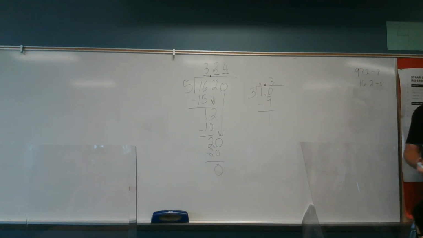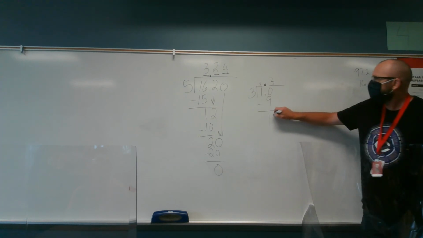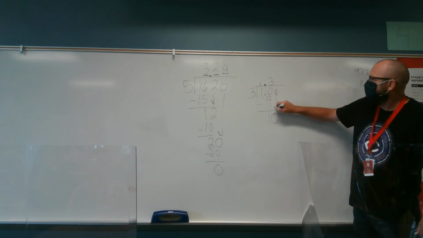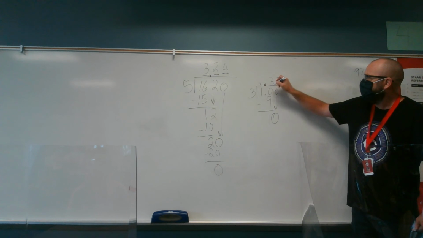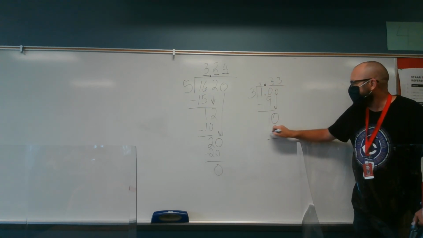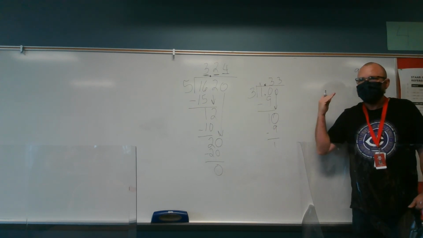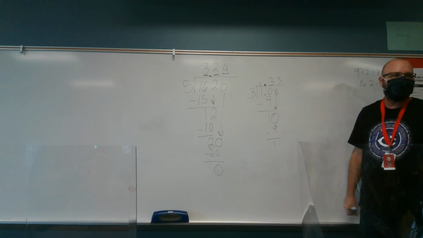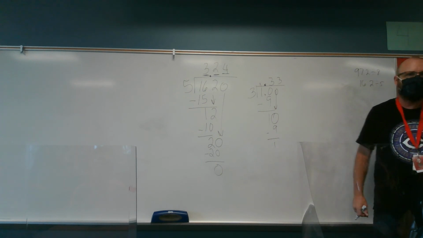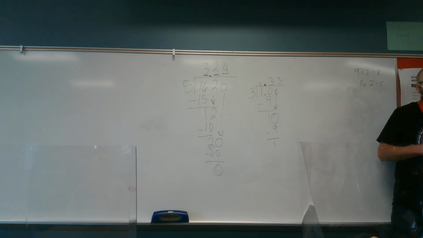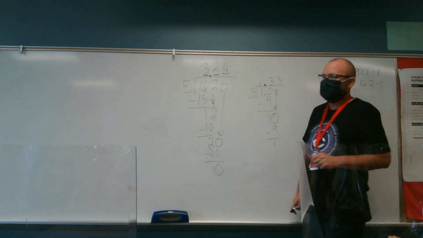Well, I already said you can't have a remainder, so I can always add a 0. So I add my 0 there, bring it down, 3 goes into 10 3 times, 3 times 3 is 9, subtract, I get a 1. This is going to go on forever. So a lot of times they'll say round it to the nearest hundredth, or round it to the nearest tenth. And y'all are smart, so you know how to round. If not, we can review that a little bit.